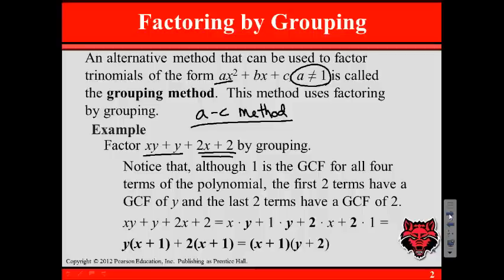So we would factor a y from the first group, and in doing so, we would be left with x plus 1. We would factor a 2 from the second group, and when we do that, the second group is left with an x plus 1. At this point, each term has an x plus 1 in common, so we write that one time, and the resulting polynomial.